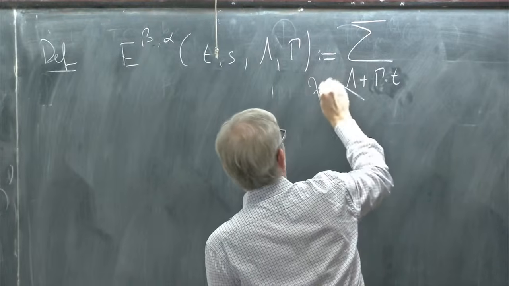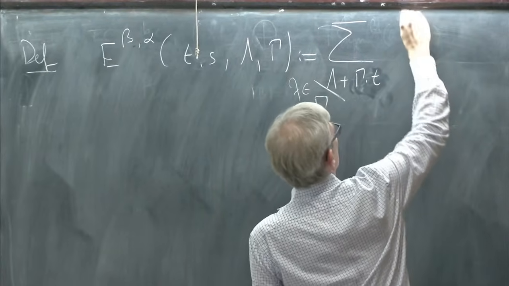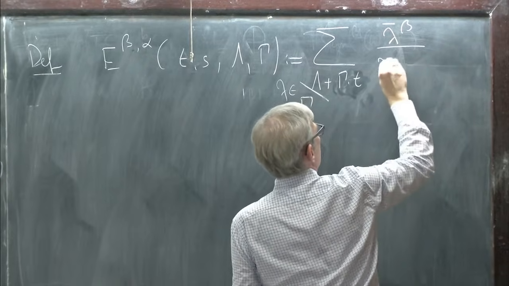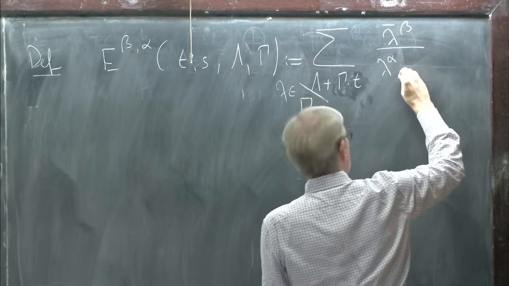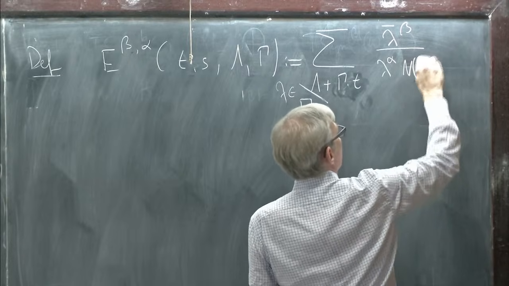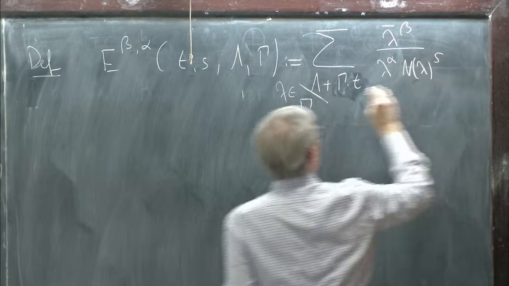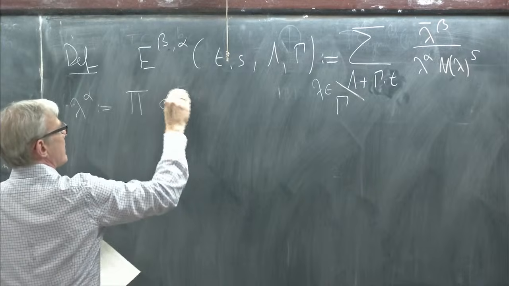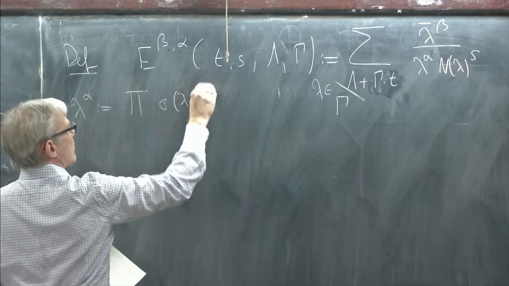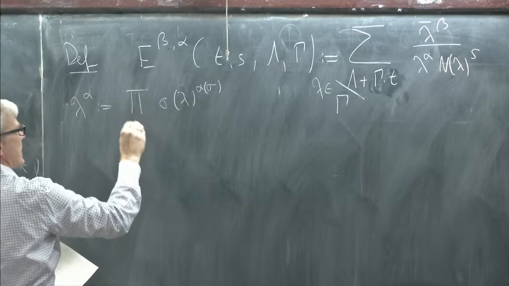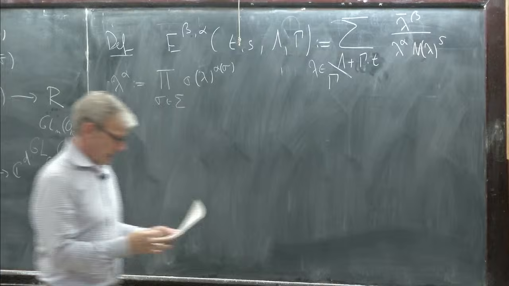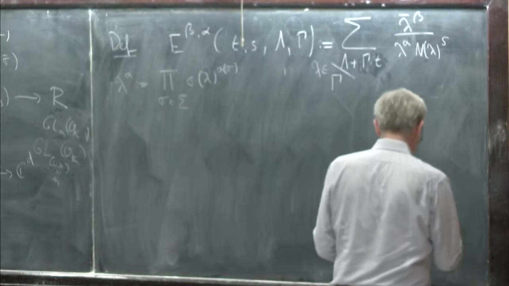And you have any lambda in here, and then you sum over lambda to the power beta divided by lambda to the power alpha norm S. And lambda to the power alpha is just defined to be the product of sigma lambda to the power alpha sigma, where sigma runs through these sigmas, and similarly for beta.